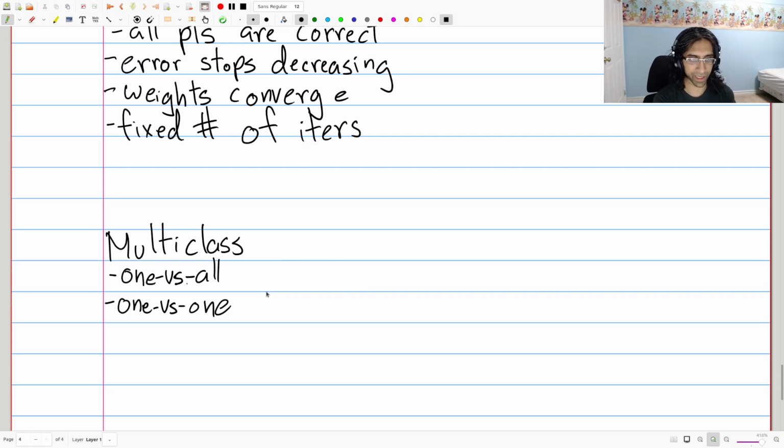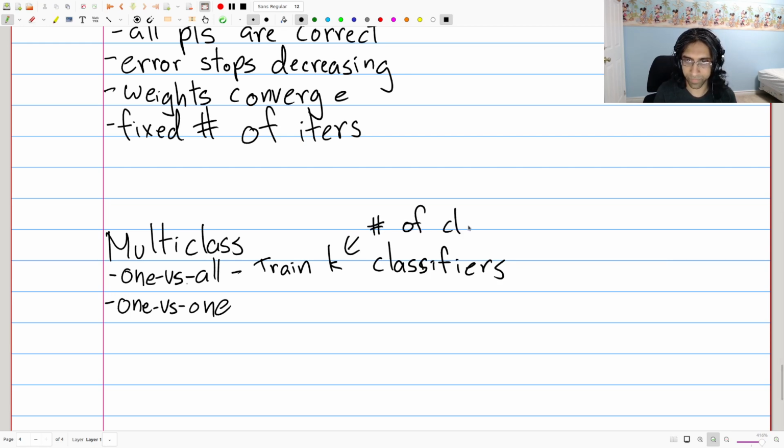One way to do it is what's known as one versus all. In this case, what we do is essentially, we train K classifiers, where K is the number of classes. So with binary, K equals 2.